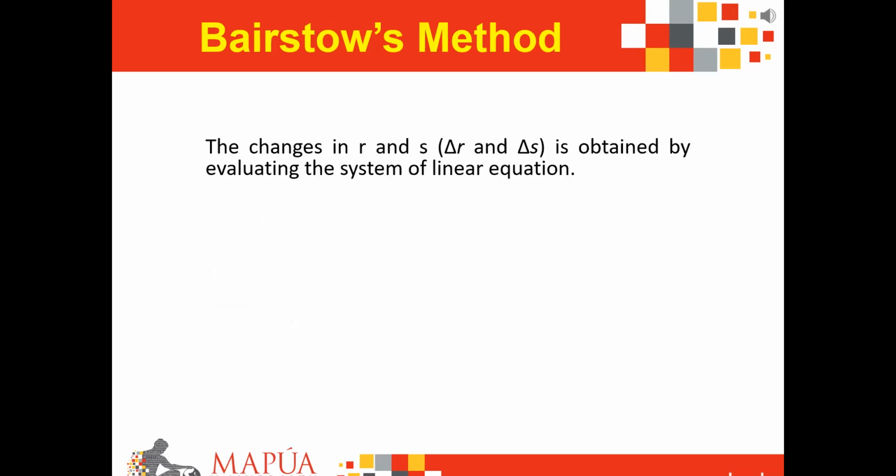In order to establish the changes in your r and s, they are obtained by evaluating this system of linear equations, whereby you're given C2 delta r plus C3 delta s is equal to negative B1, and the other equation C1 delta r plus C2 delta s is equal to negative B0.